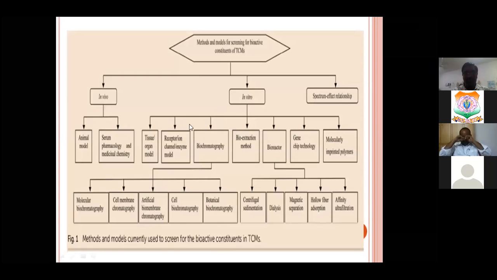One thing I wanted to share with you all: see TCM. What is this TCM? TCM is nothing but traditional Chinese medicine.